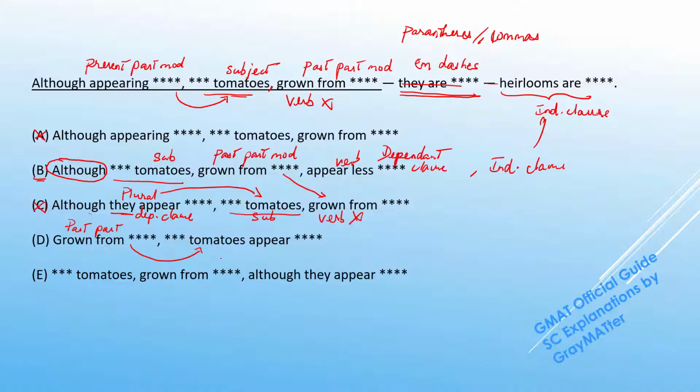Now D starts off with this past participle modifier construction grown from these seeds, and that is obviously modifying these tomatoes. These tomatoes appear like something, something, something, followed by this M dash construction, followed by an independent clause in the non-underlined portion. But this has a major construction problem because this particular clause is also an independent clause.